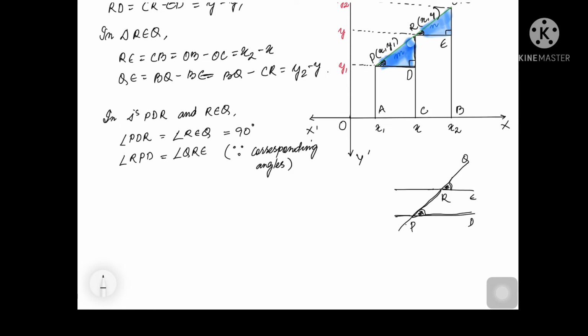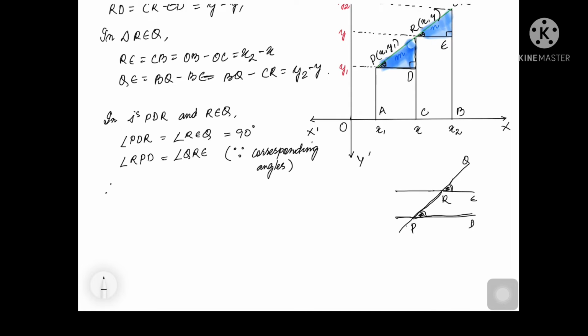So QRE and RPD become corresponding angles of the parallel lines PD and RE, and let us consider PQ as the transversal. Therefore, by AA similarity, we can say that triangle PDR is similar to triangle REQ.